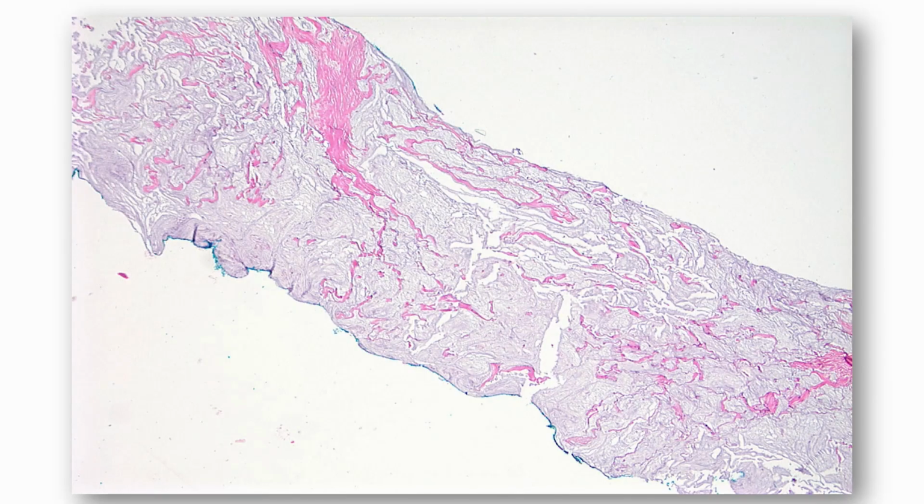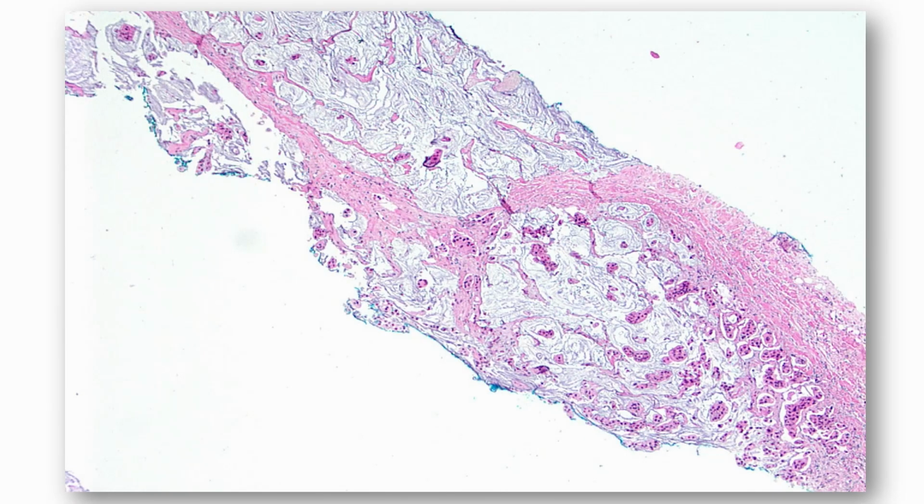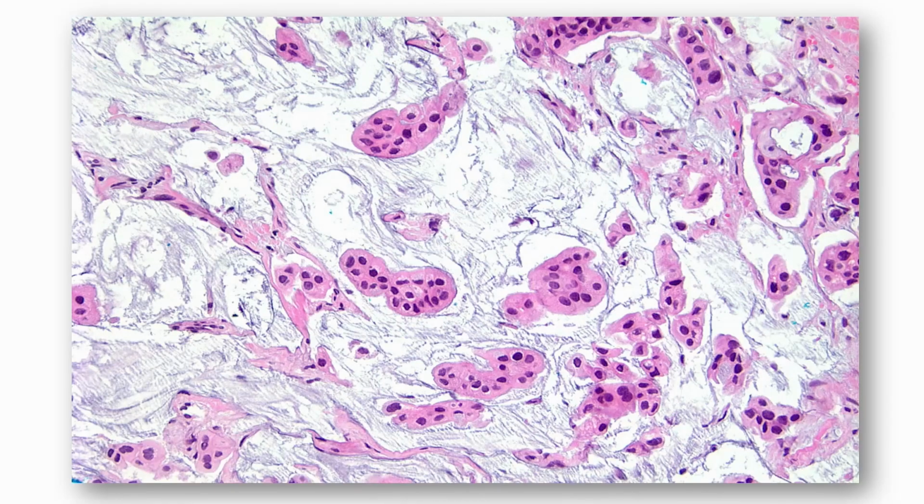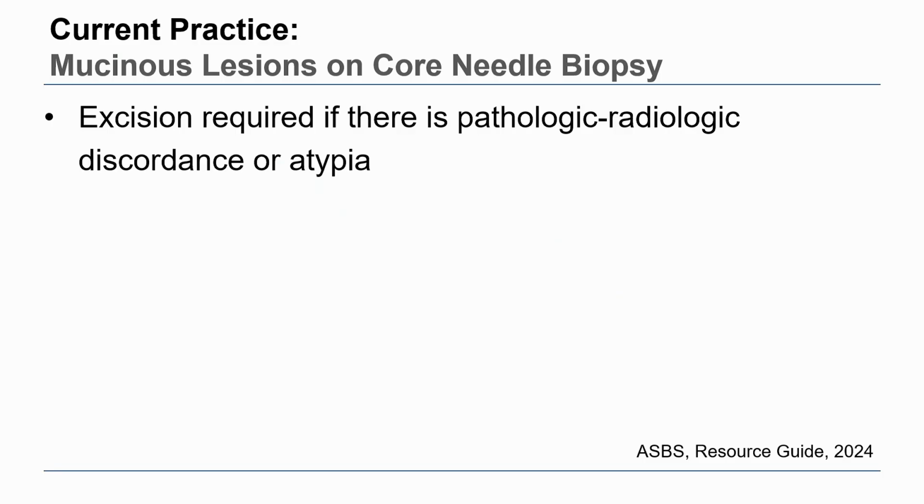So the concern here is if you have a core needle biopsy just with pools of mucin and no epithelium to guide you, this could be a mucocele-like lesion or it could be a hypocellular mucinous carcinoma. And indeed, one of the other cores in this particular case showed atypical epithelial cells floating in these pools of mucin. So this, in fact, was a mucinous carcinoma.